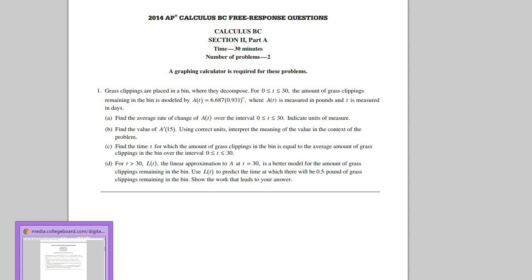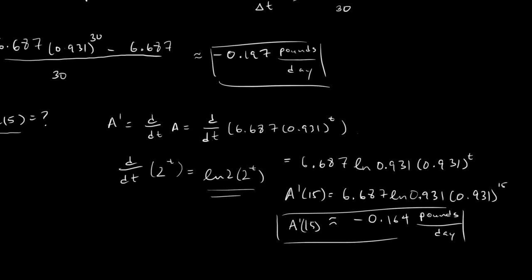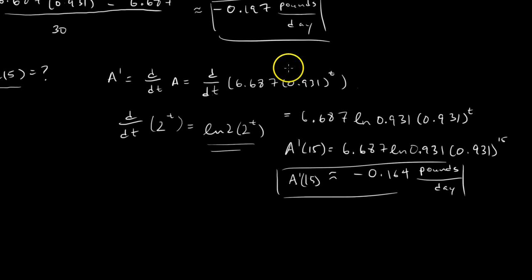So what does the derivative mean? The derivative is the rate of change, and in this case, we're finding the rate of change of the grass clippings, and this is at time equals 15.